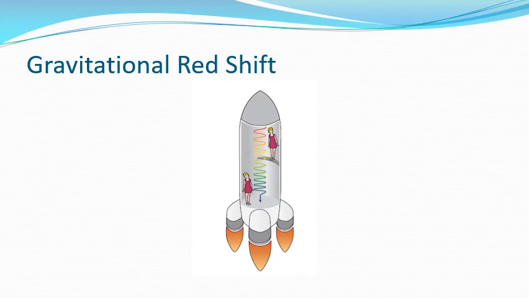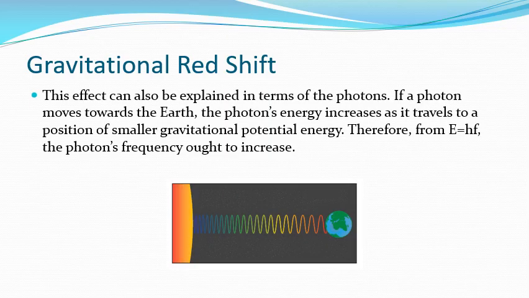So this diagram sort of summarizes what that might look like. Okay, so if a photon moves towards Earth, the photon's energy increases as it travels to a position of smaller gravitational potential energy. Therefore, the frequency ought to increase.